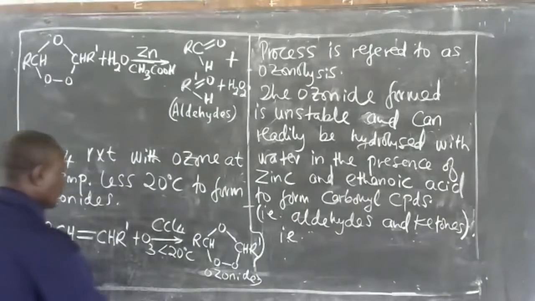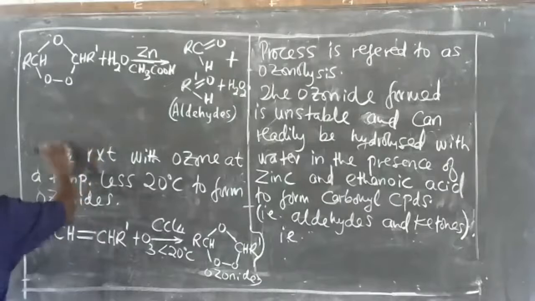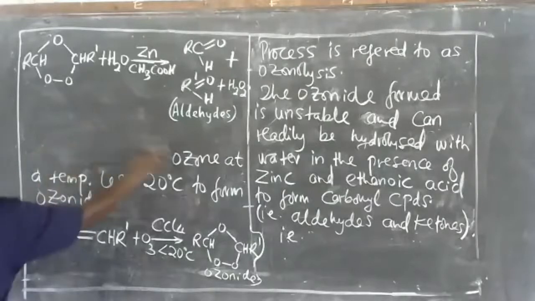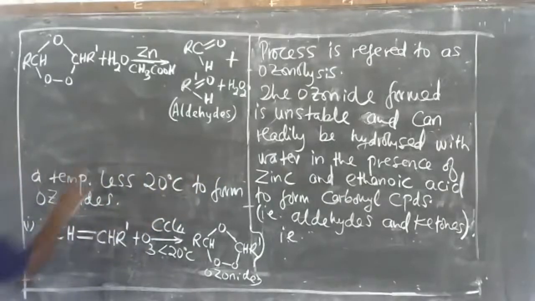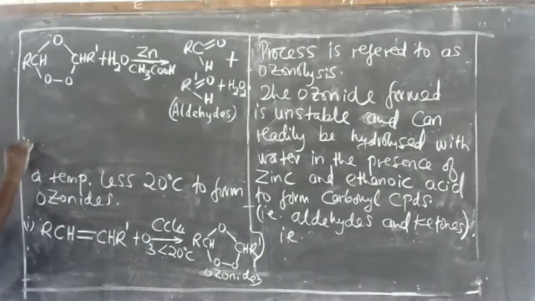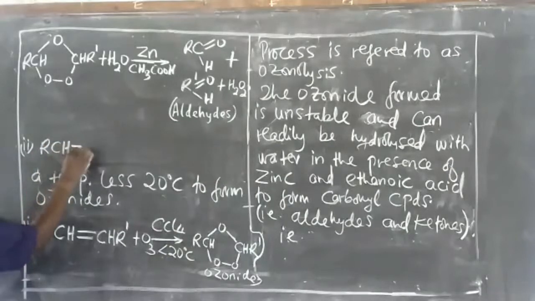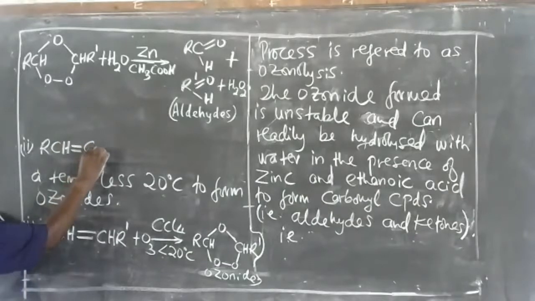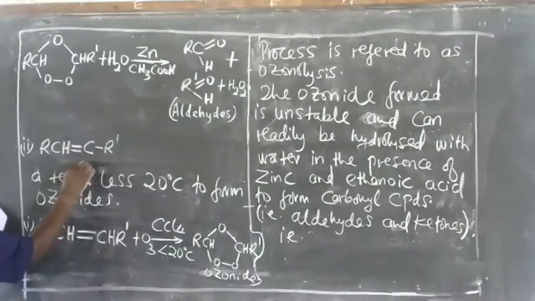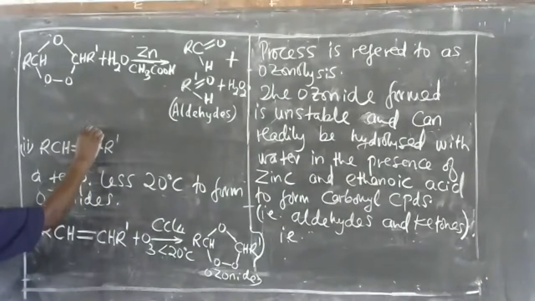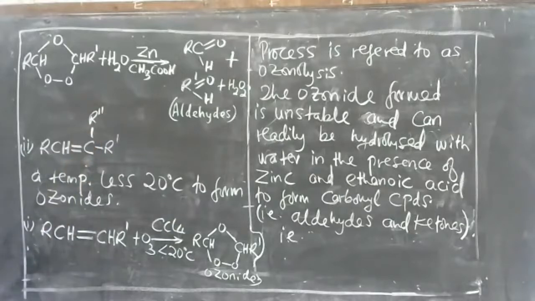Now supposing we have this one here. If I have R CH double bond C R prime, then I have R 2 prime.